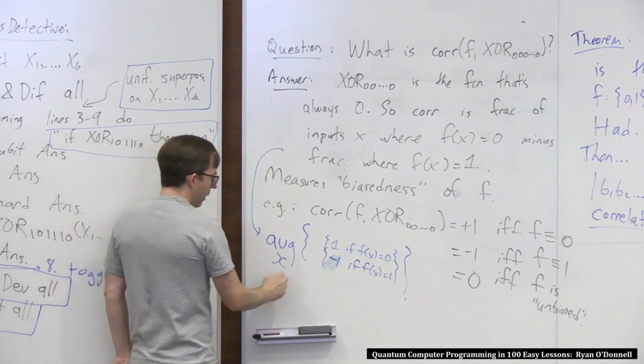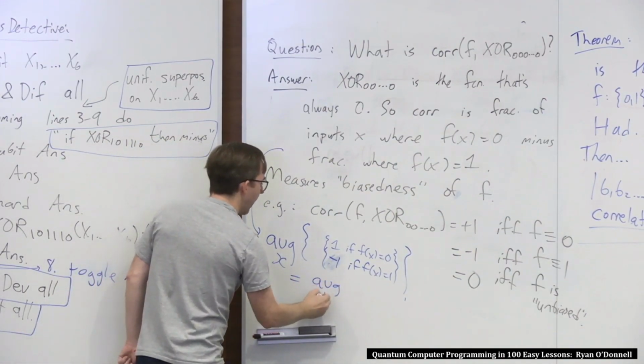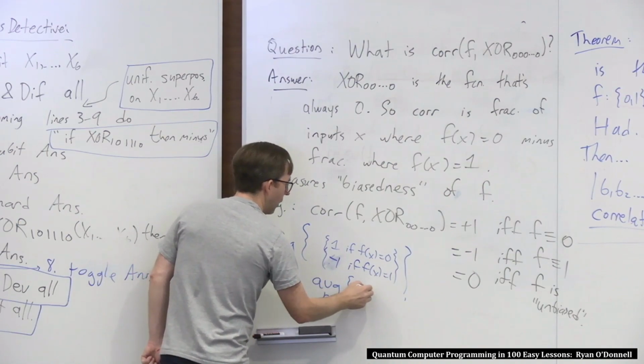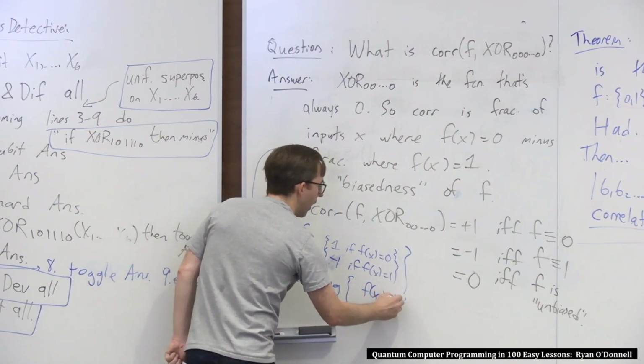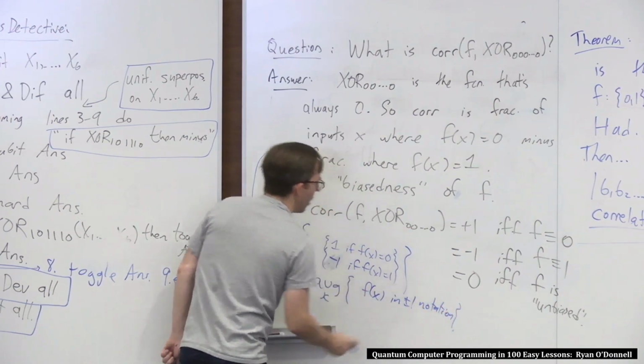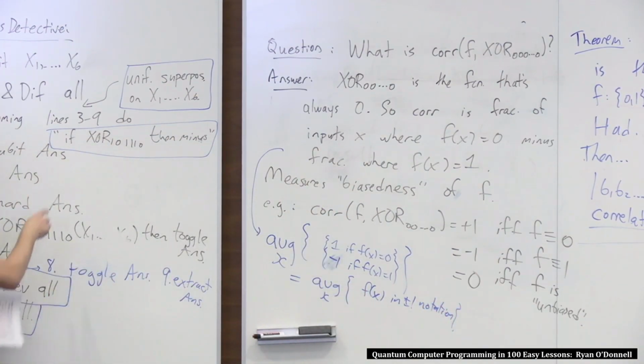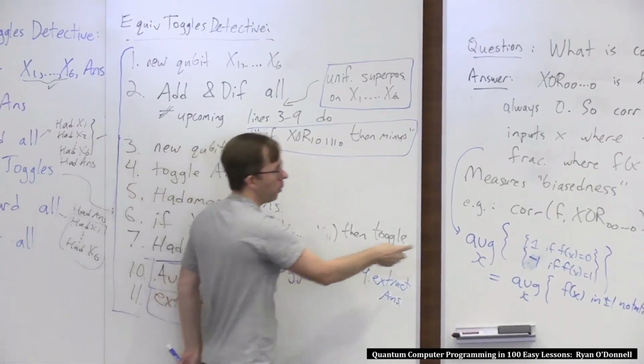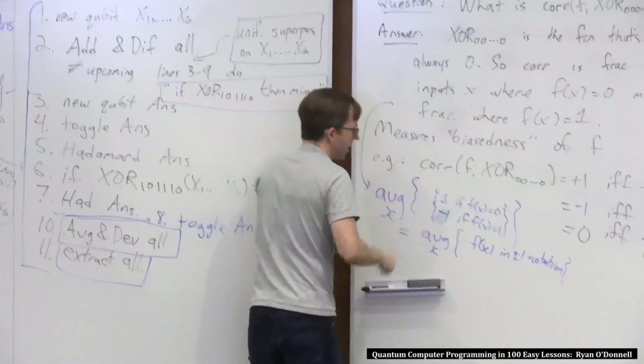But this is equal to the average over x of f of x in plus or minus 1 notation, the notation where minus 1 corresponds to output 1 and plus 1 corresponds to output 0.